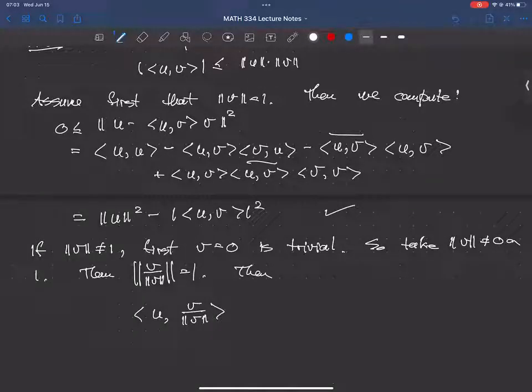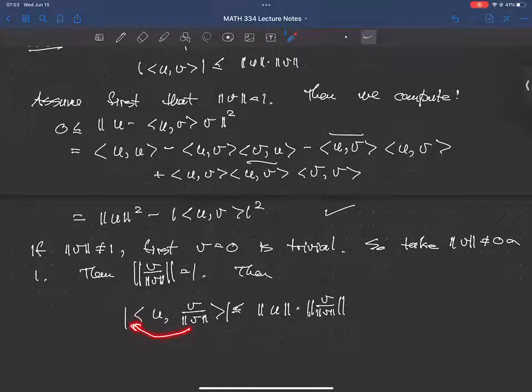is less than or equal to the norm of u, like so. Okay, and this is 1, right? And I can take this quantity here, which is just a scalar, and I can pull it outside, and it's positive, it's real actually.